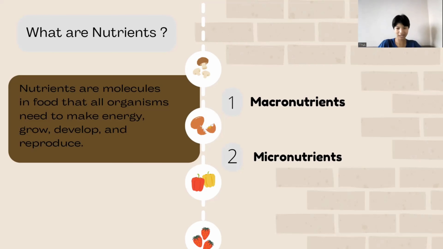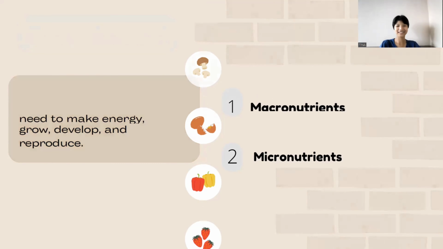And for micronutrients, we don't need as much as macronutrients because we only need a little amount of that. They include the vitamins and minerals. But we need to eat both of them to get a balanced diet.